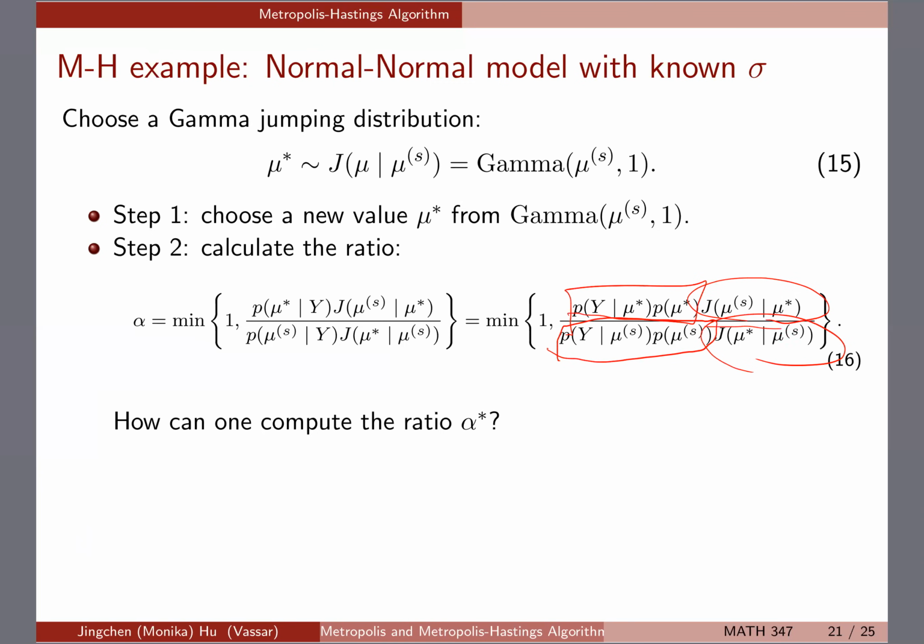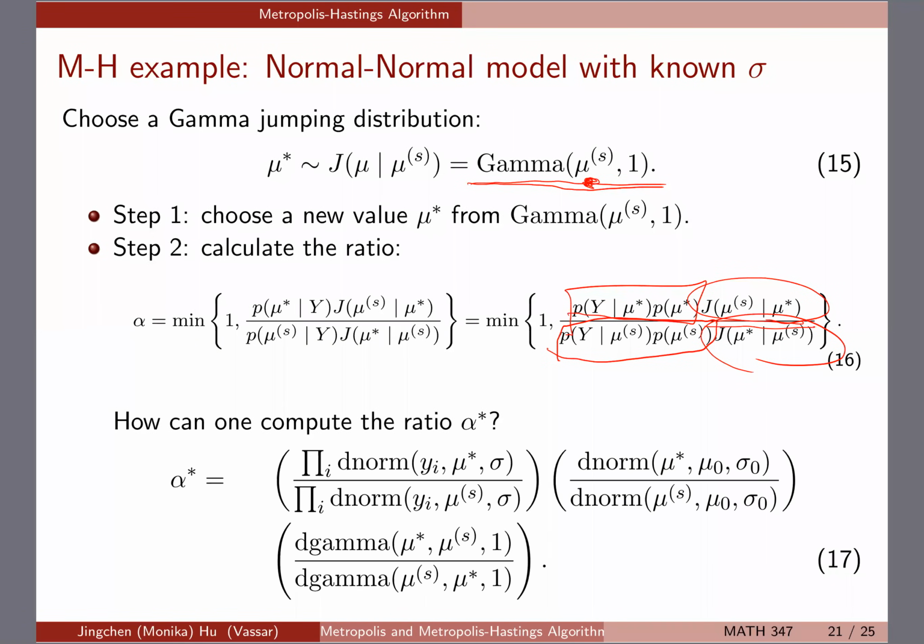But now I'm giving an example of using a jumping distribution that is not symmetric, a gamma. It's centered, so the mean is mu s, centered at the current point. And I just put another fixed value for the second parameter. To compute it, you're going to have one more term.